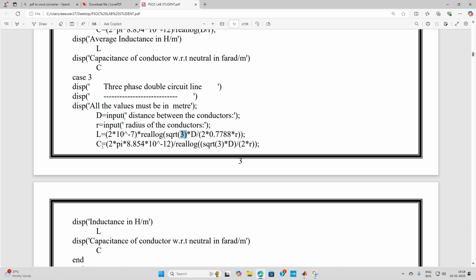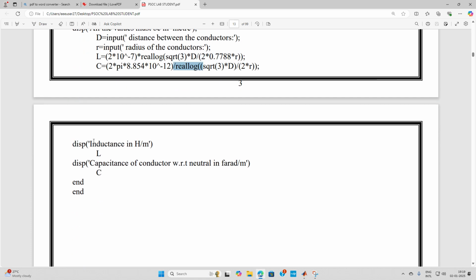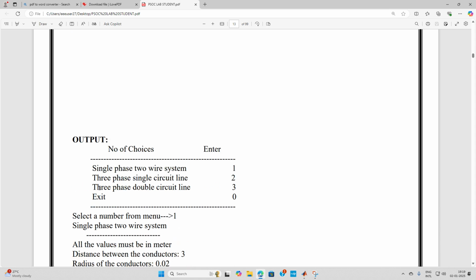Similarly, capacitance C is equal to 2 into pi into 8.854 into 10 power minus 12 by ln of square root of 3 into D, that means 3-phase into distance, divided by 2 into R. Again, this inductance is measured in Henry per meter, and the capacitance is with respect to the neutral point. So finally we can end this program.